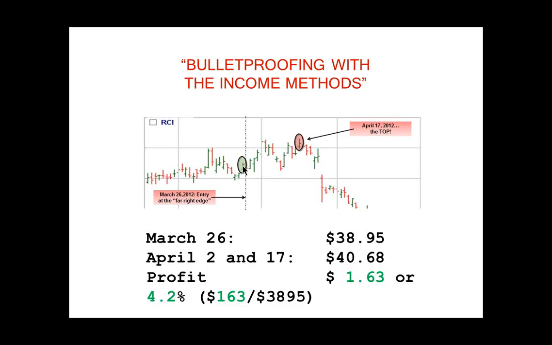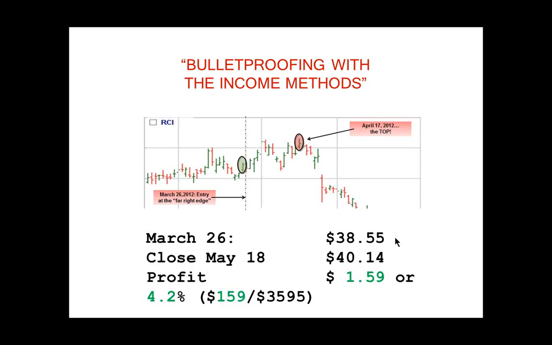Remember our far right edge, right? We get in on March 26th, and then we get out on April 17th, and we make $1.63, or 4.2%. When you set the $1.63 against the $38.95, that's 4.2%.